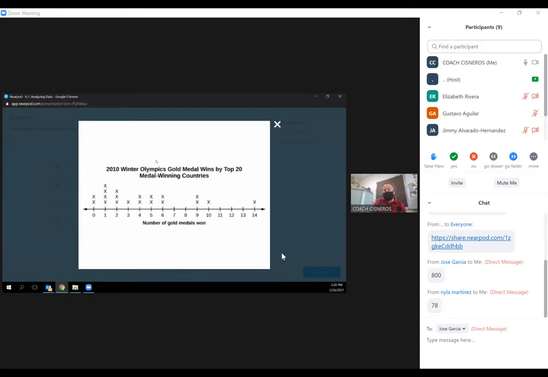Look at the dot plot, see if you can understand it, and answer those 2 questions.